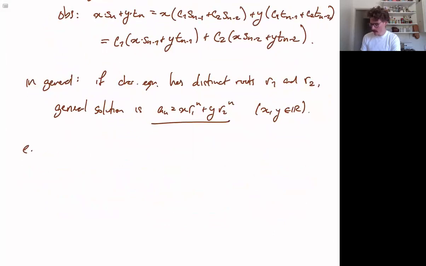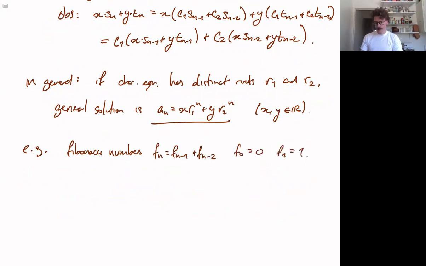For example, well, let's do the ones we gave at the start. Fibonacci numbers. So these are defined by f n equals f n minus 1 plus f n minus 2, f0 equals 0, f1 equals 1.